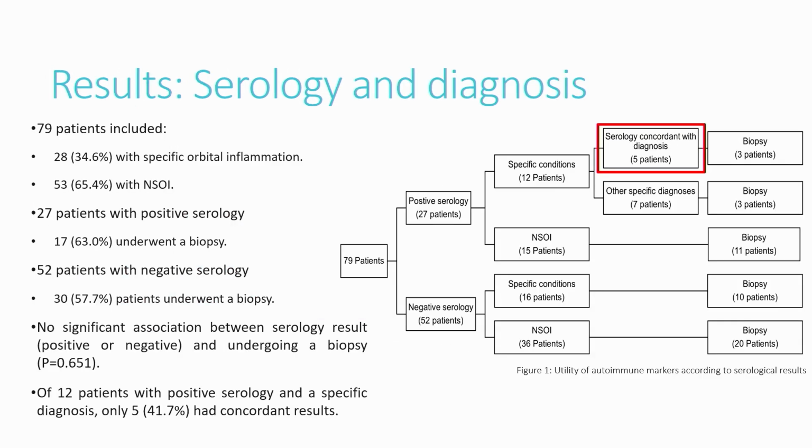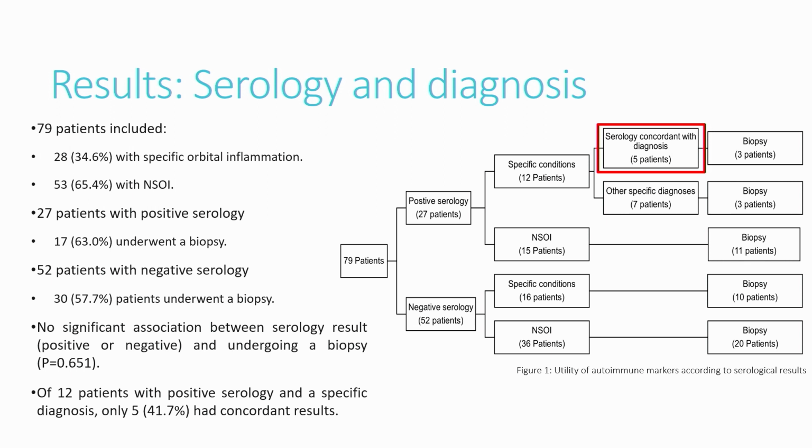So we had 79 patients, 28 of them had a specific diagnosis, and the remaining 51 patients had NSOI. And this was further classified with 20 being diffuse, 20 having dacryoadenitis, and 11 having myositis. Now, of the 27 patients with a positive serology, 63% of them underwent a biopsy, and of 52 patients with a negative serology, 57.7% underwent a biopsy.